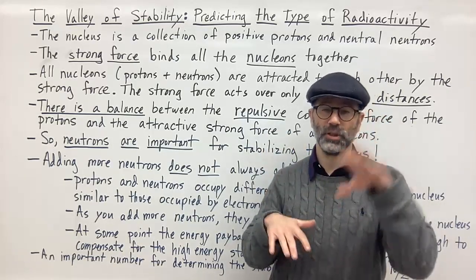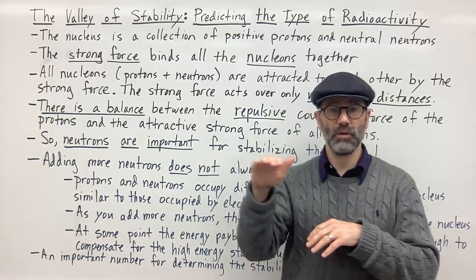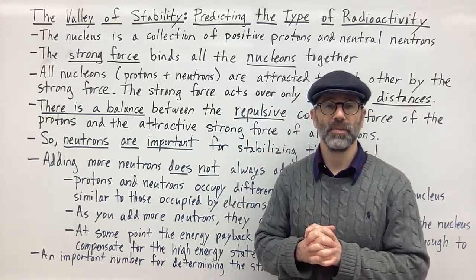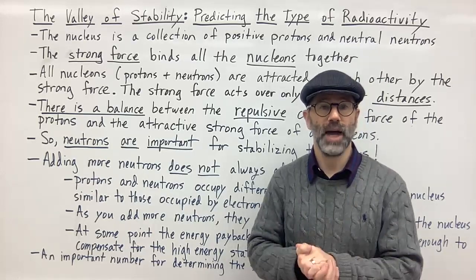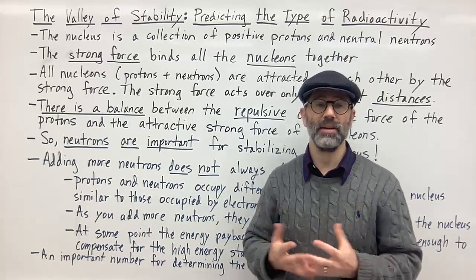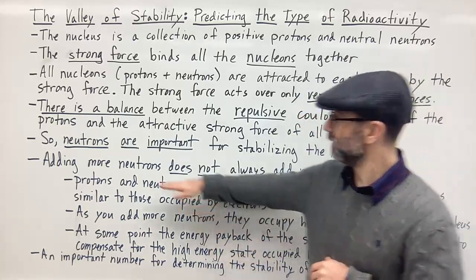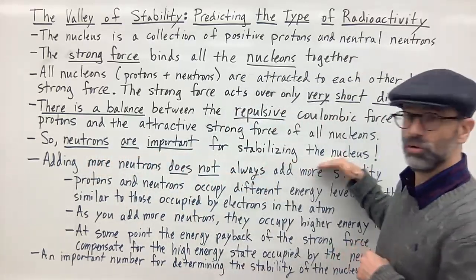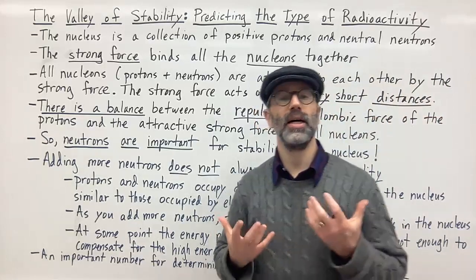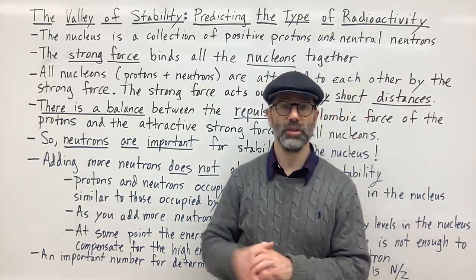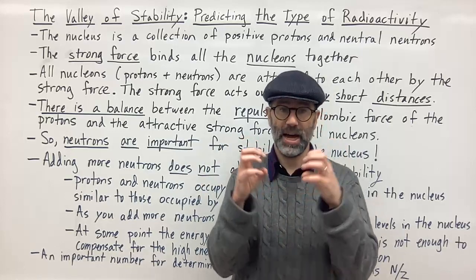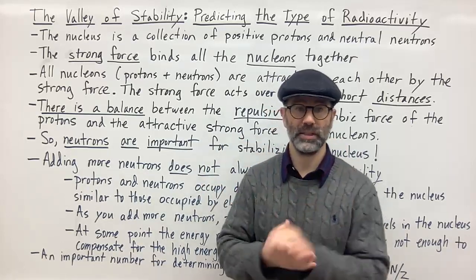There's this balance of attraction of the strong force and repulsion of the protons. This means that the neutrons are important for the stability of the nucleus. Why? Because they have that attractive force. The more neutrons you add, the more attractive force you add, and it's going to hold things together.